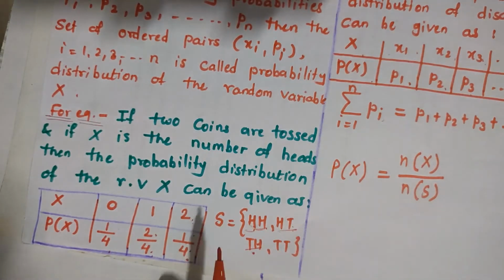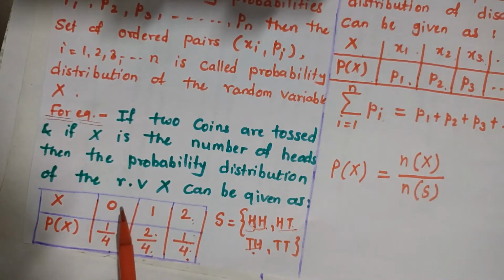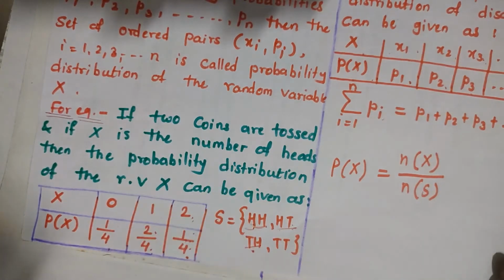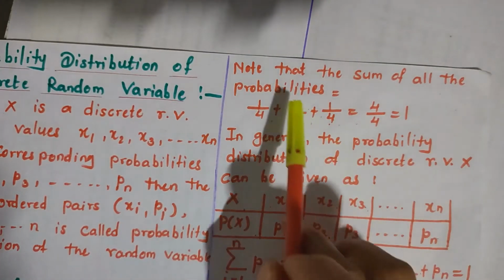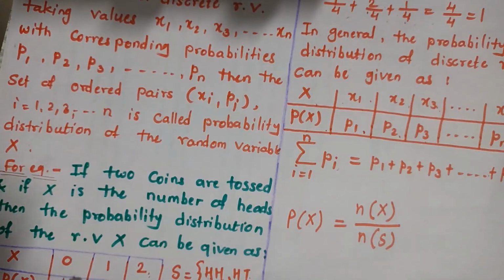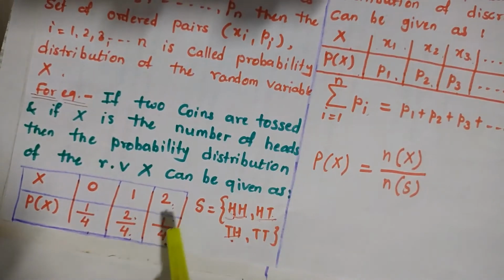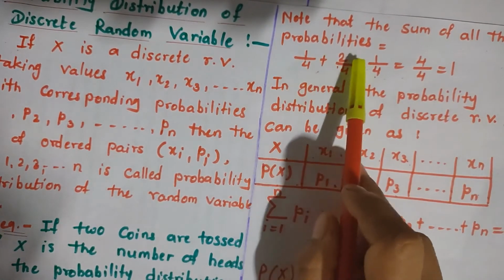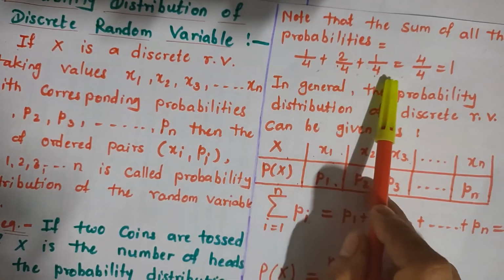So here the probabilities are 1 upon 4, 2 upon 4 and 1 upon 4. This is the probability distribution for the given random variable X. Note that the sum of all probabilities, 1 upon 4, 2 upon 4 and 1 upon 4, is 1.